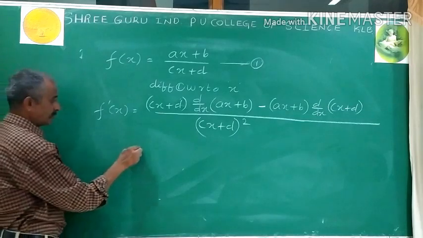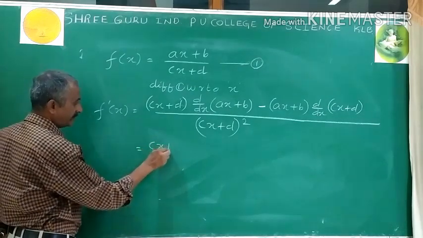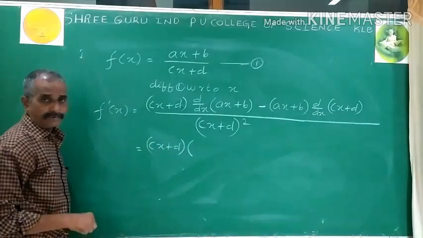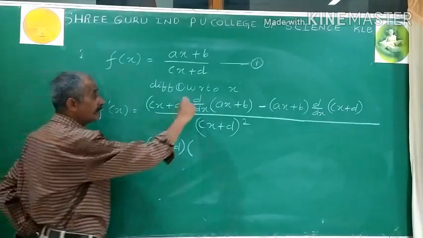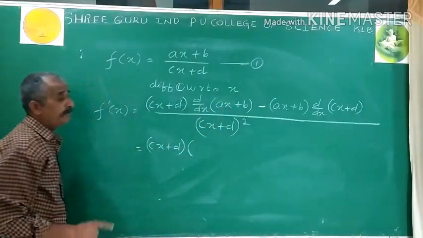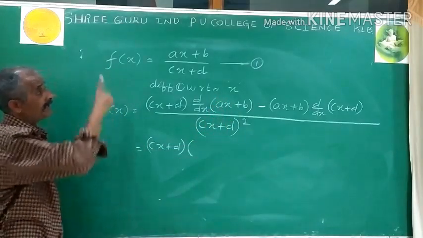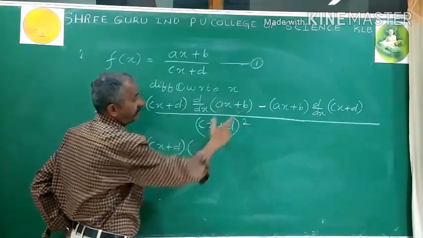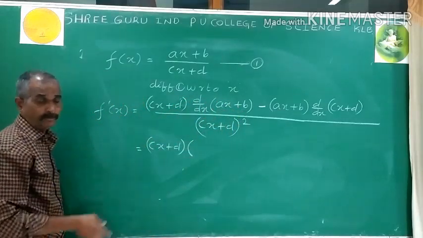That is equal to (cx plus d) multiplied by... Whenever we want to differentiate, we should always be aware of the rules. We started with the quotient rule. In this particular term, because of the sum, we need to apply the sum rule.